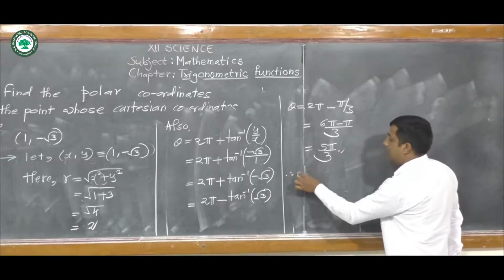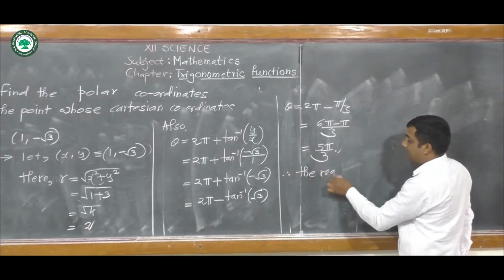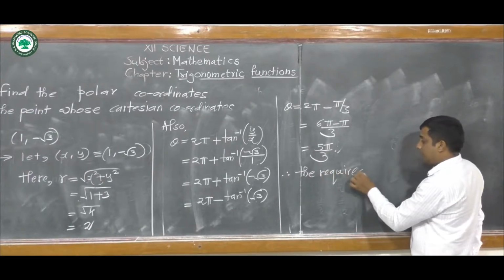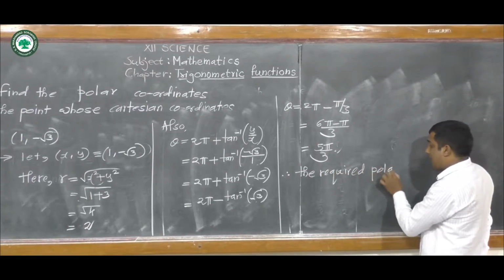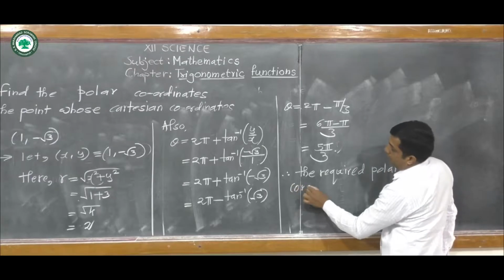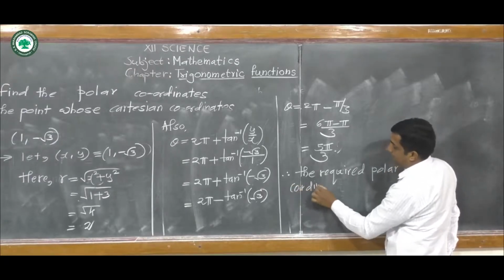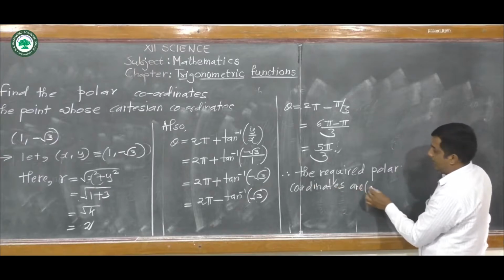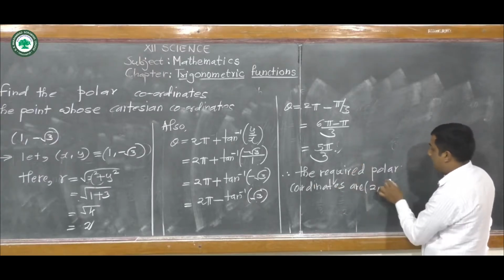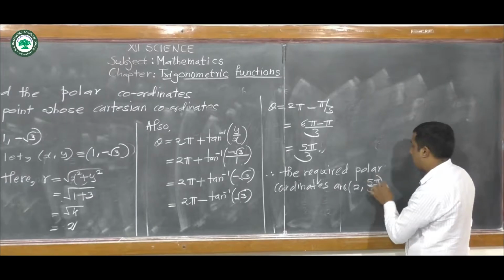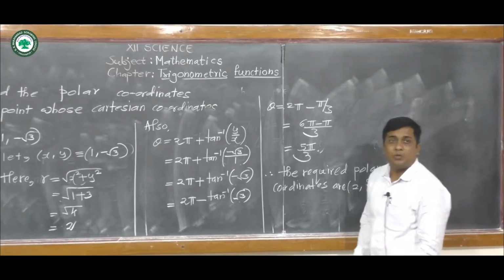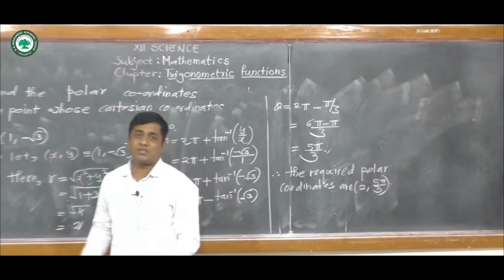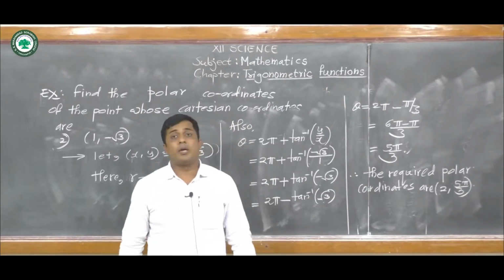Therefore the required polar coordinates are r is 2 and theta is 5 pi by 3. So by using the Cartesian coordinates, we find the polar coordinates.